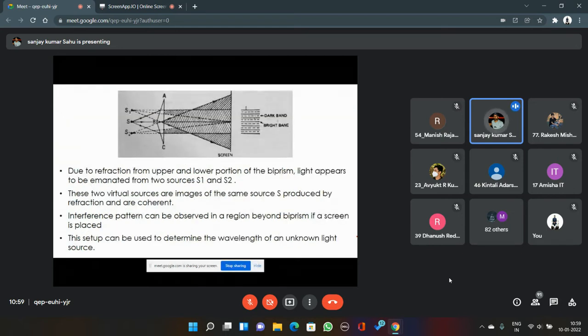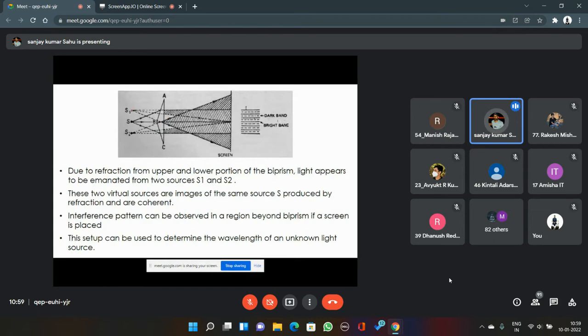Now, once you generate two coherent sources using this single source S and this biprism ABC, those two coherent sources can be treated to make the interference pattern over a screen at a certain distance from this biprism.